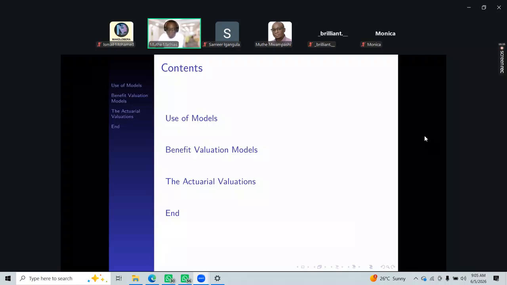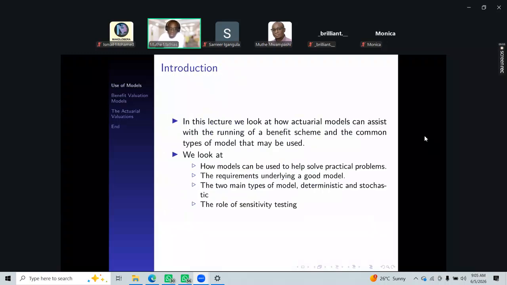And of course, if you understand this, I hope you can simply align, if you go, let's say, to a pension fund, because what we are covering here is just the base, right? So of course, if you go there, you'll have to learn more about how you can apply these models, right? So the focus will be more about how we can use models to solve problems in pension funds.